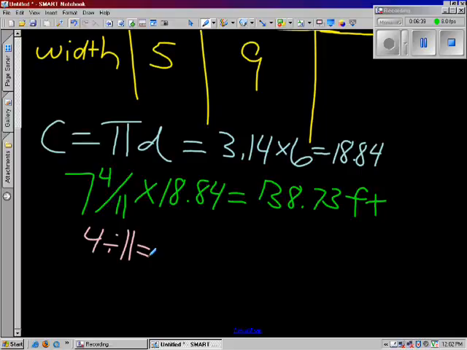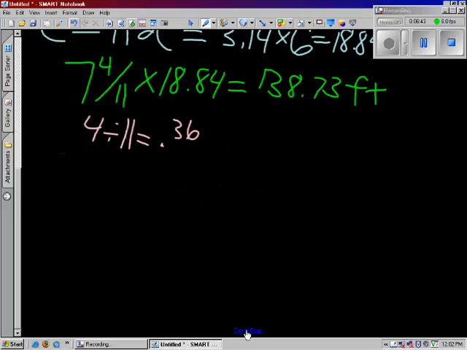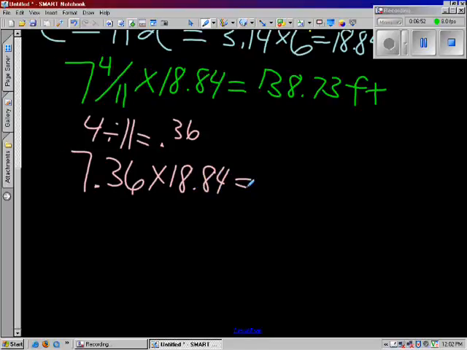And that gives me 0.36. So all I'm going to do is take 7.36 times 18.84. And I should get extremely close to what I had before. If I don't, that's going to tell me that something has gone wrong here. Aha! I do get very close. I get 138.66. Very, very close.